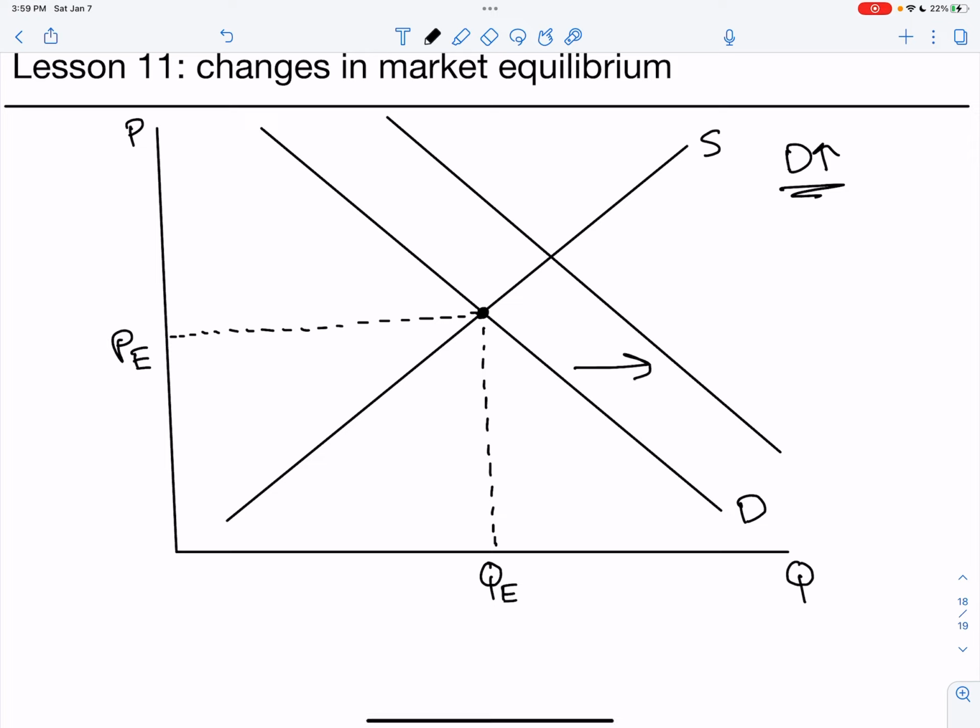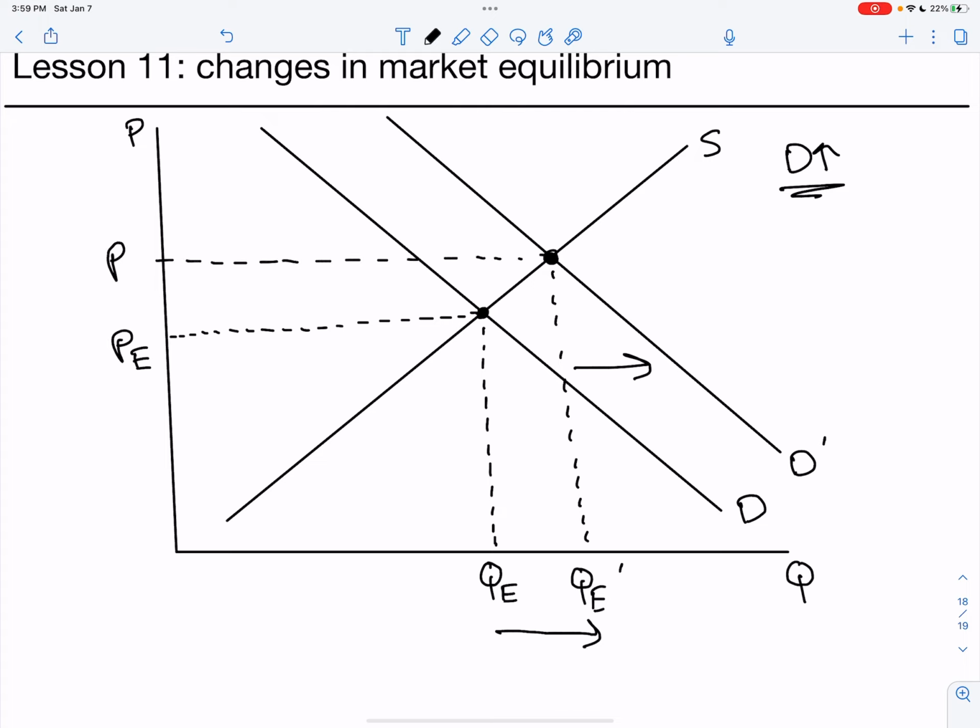What is the new intersection? The new intersection is here. Therefore, equilibrium quantity has increased, and so has equilibrium price. So a rightward shift in the demand curve leads to price going up and quantity going up.